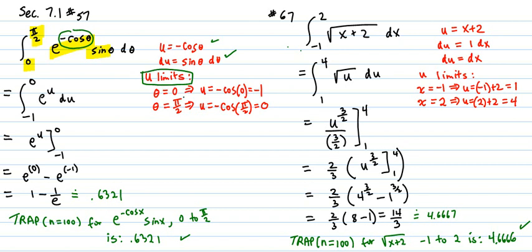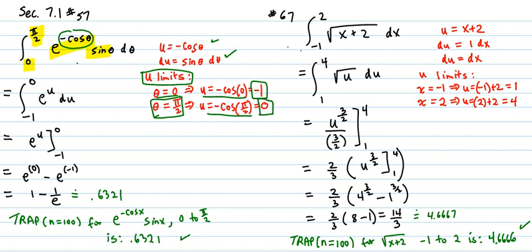So u limits: when theta was 0, u is negative cosine 0, which is negative 1. When theta is pi over 2, u is negative cosine pi over 2, which is 0.